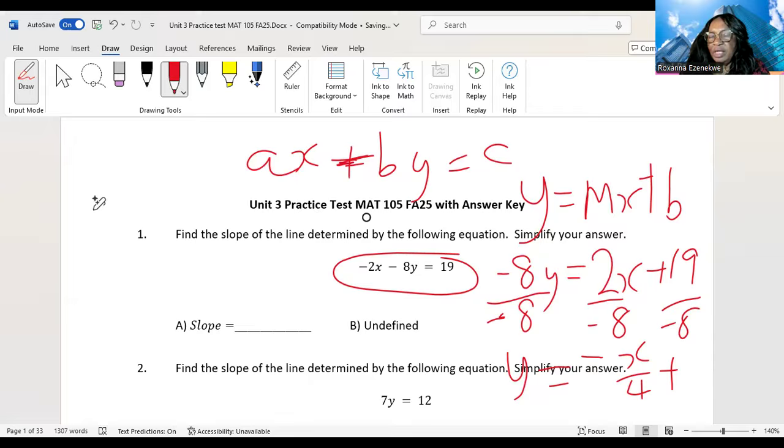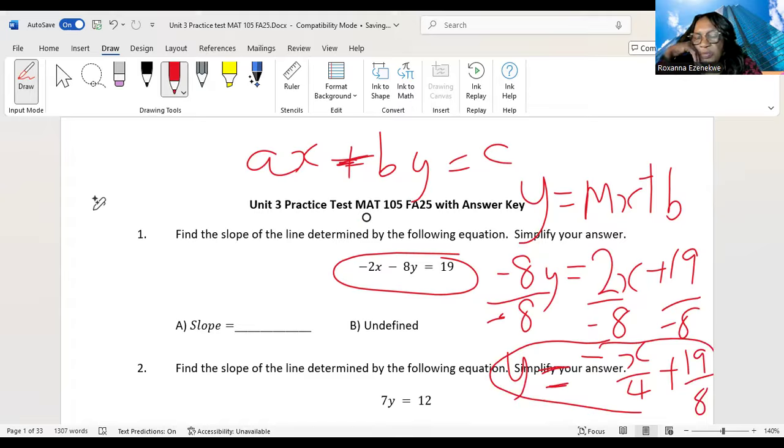So this is the slope-intercept form. So whenever you are told to find the slope, the slope is always the coefficient of x, so negative 1 over 4. So the slope is negative 1 over 4.